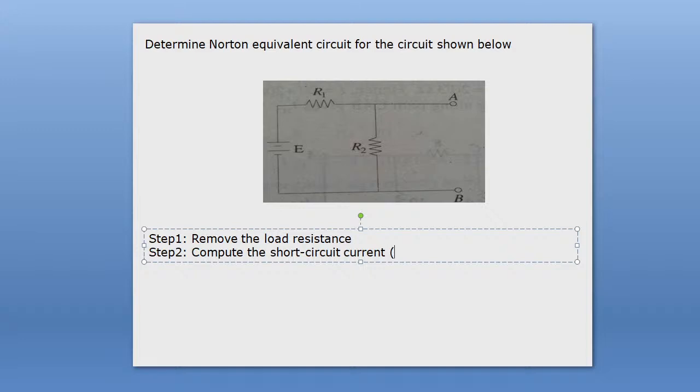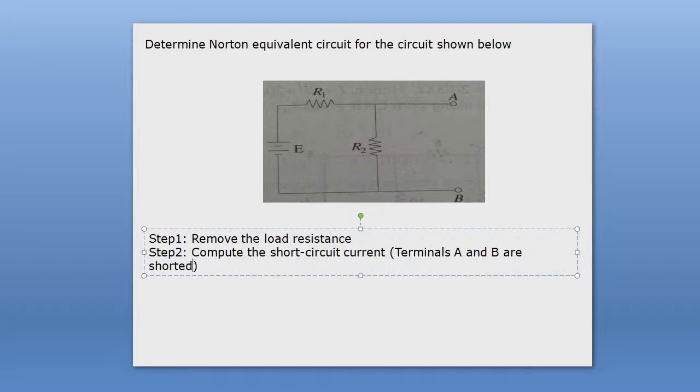You short terminals A and B, okay, shorted.